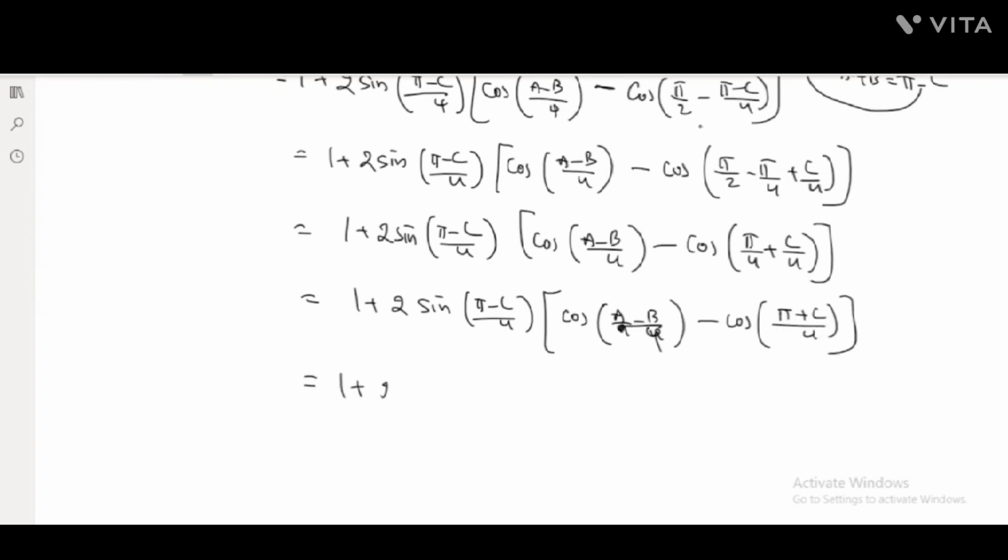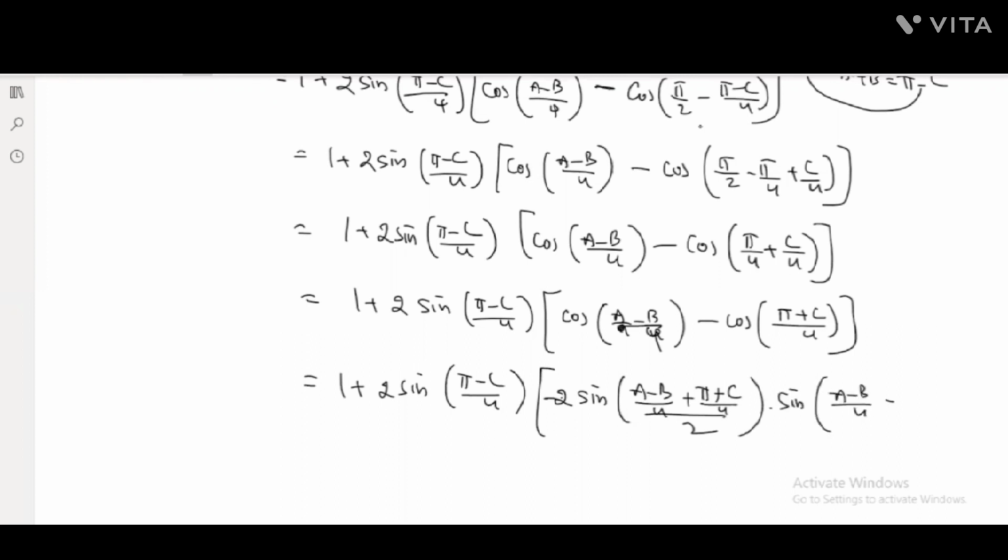So this is equal to 1 plus 2 sine pi minus c by 4 into cos c minus cos d, which means minus 2 sine of c plus d by 2 into sine of c minus d by 2. So this is the formula for this one.